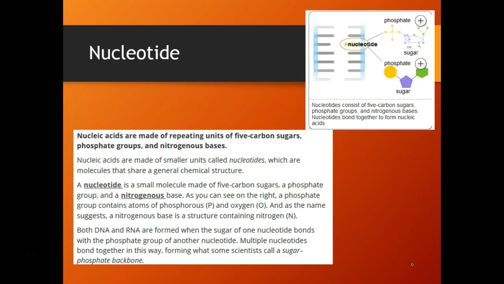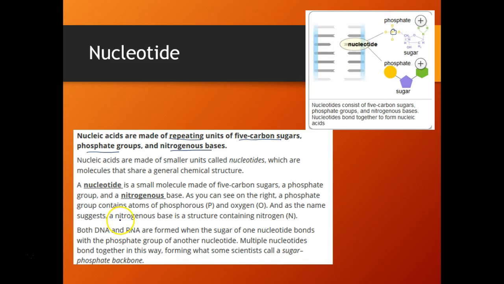So nucleotides are again the repeating units of nucleic acids, and they're made up of 5 carbon sugars, a phosphate group, and nitrogenous bases. A nucleotide is a small molecule made up of those 3 things, and as you can see here, the phosphate group is made up of phosphorus, which is right here, and 4 oxygen atoms.